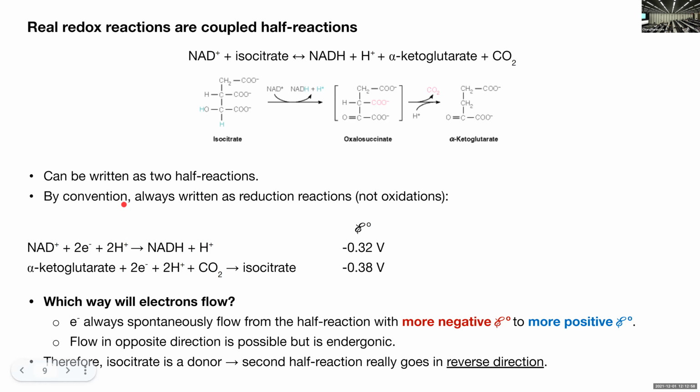And by convention, even if the other reaction happens in the opposite direction of the reduction, like oxidation, we still write everything in the form of reduction for their reactions.